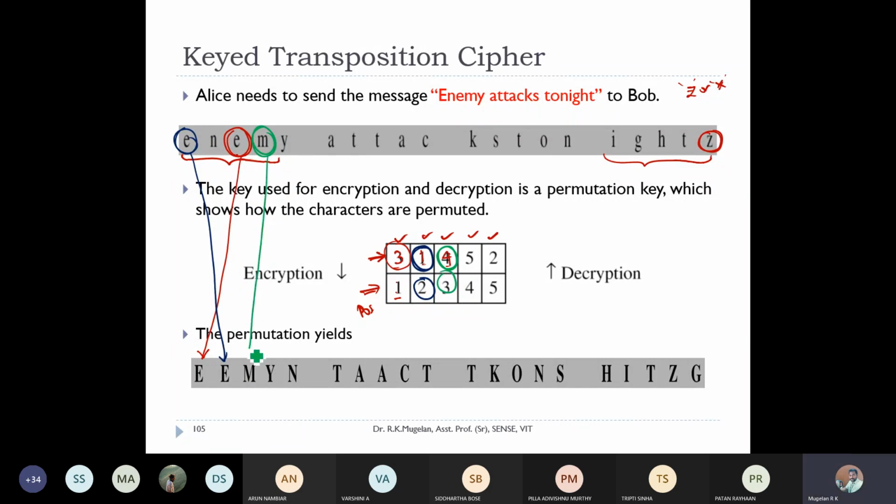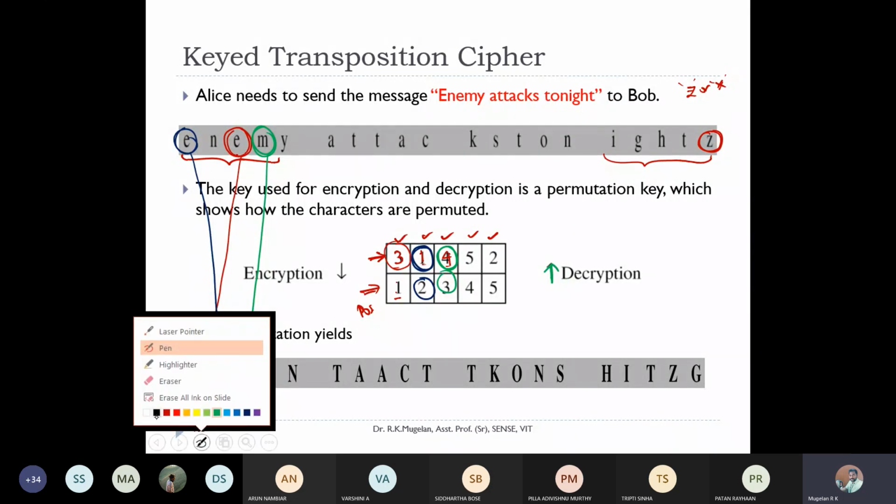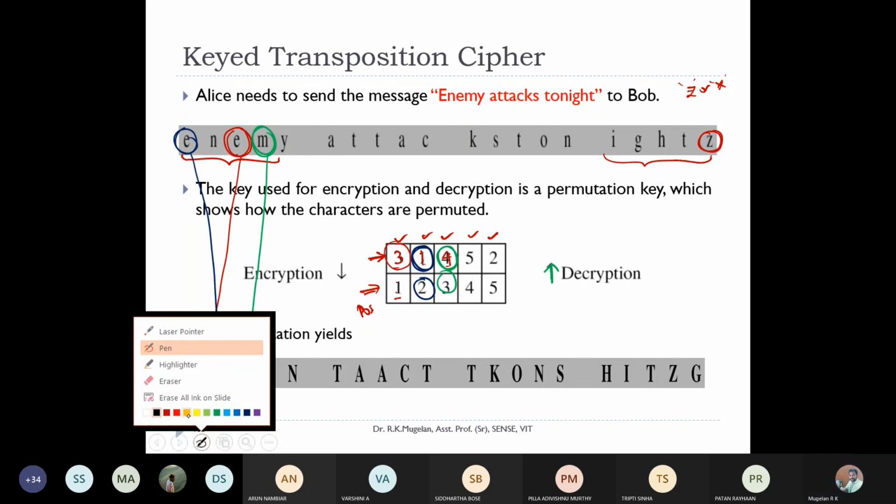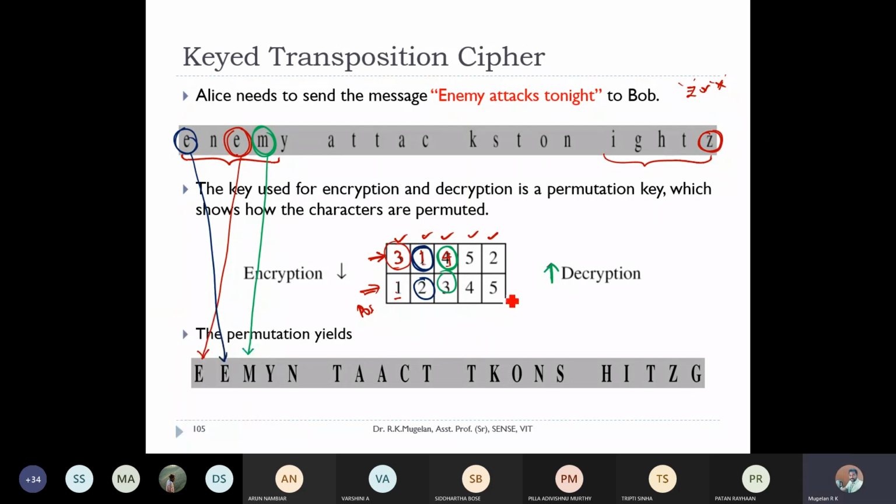And so on. In the decryption process, you have to go from bottom to top. If you go with the bottom-to-top approach, I take the first character here and it will be placed in the third position.